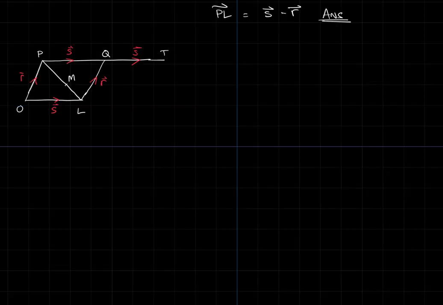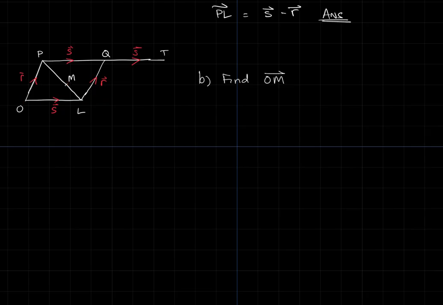Then, what do they want next? They want us to find OM. OM. What's that? That's going from here to here in terms of R and S. How do we do that?